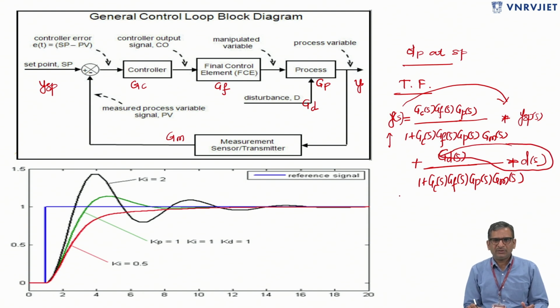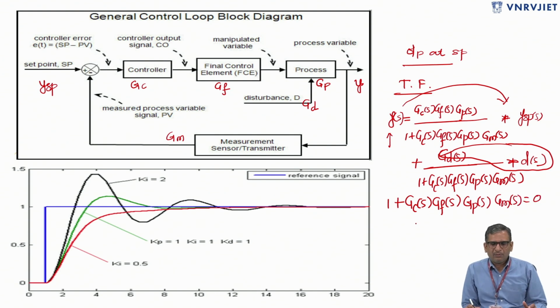It mainly depends on the characteristic equation. The characteristic equation consists of combined gains: controller gain, final control element gain, process gain, as well as measuring device gain. So this is the characteristic equation. But what values can be selected by the process engineer?